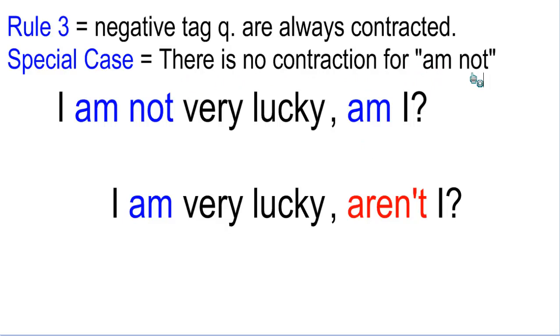It doesn't exist. There's no formal contraction of am not. So for that reason, only for the case of I am, we're going to use aren't I. Only for that specific case. Other cases, no. But only for this case, because there's no negative contraction of am not. So that's why in this specific special case, you say aren't.